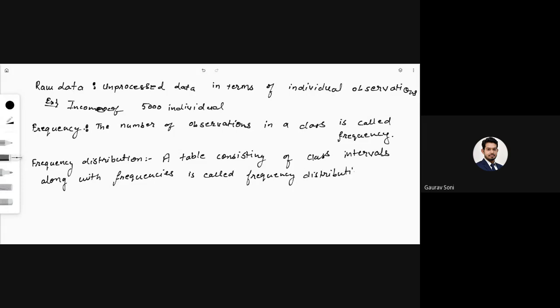So the aim in this chapter is to achieve this. So we need to find the frequency distribution.